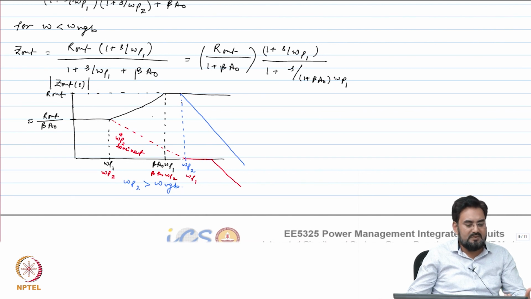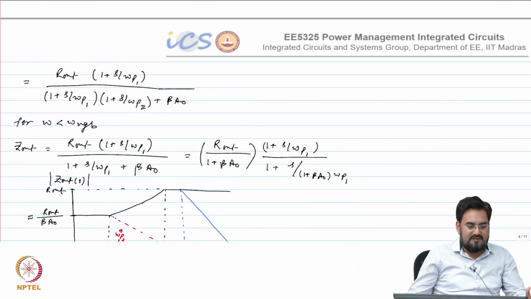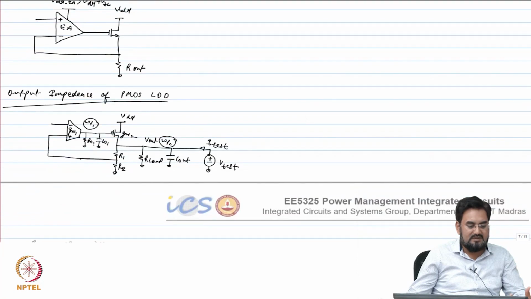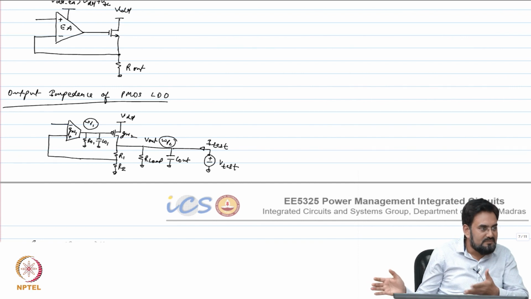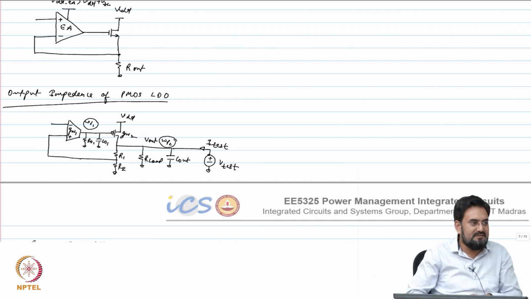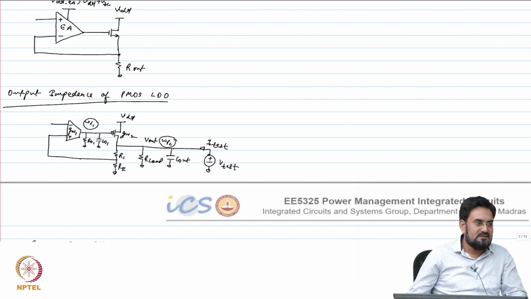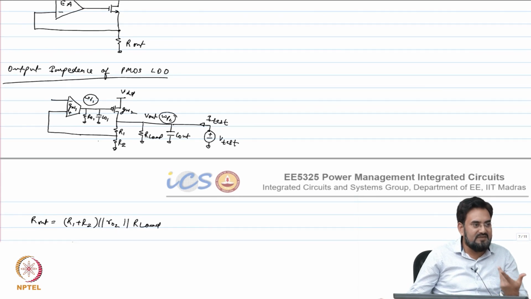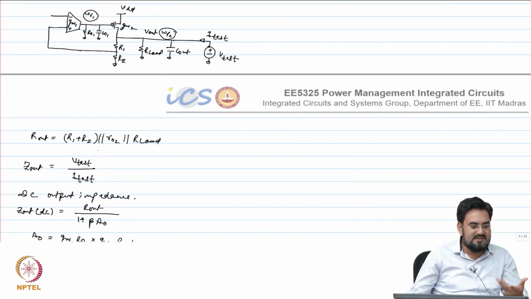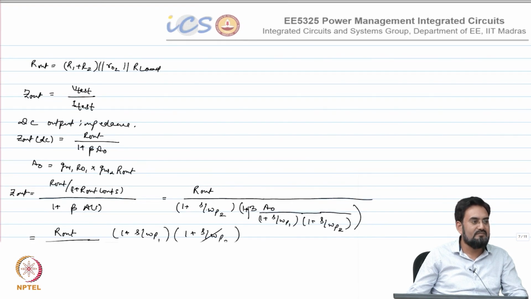No, loop DC gain increasing does not mean that you will increase the bandwidth. Okay. I mean, let's say you increase the RO1, that will increase your DC gain, but that will push your pole at an even lower frequency. Yeah. So just increasing the DC gain will not increase your bandwidth unless you increase the GM factor also.